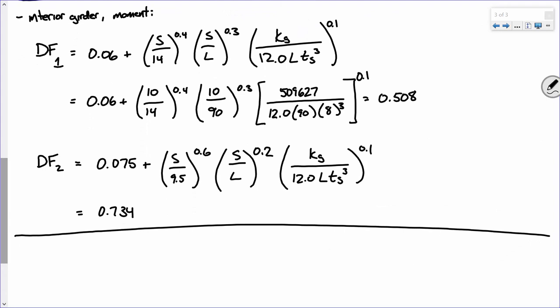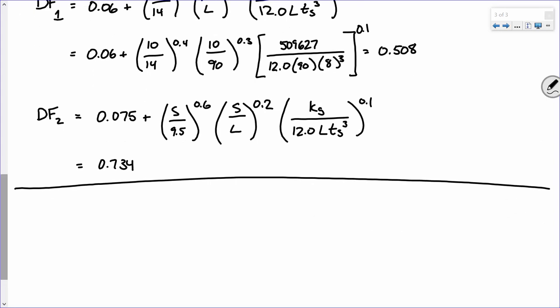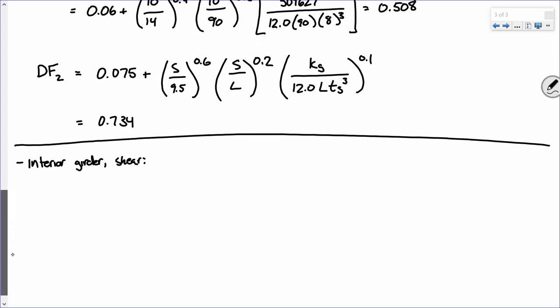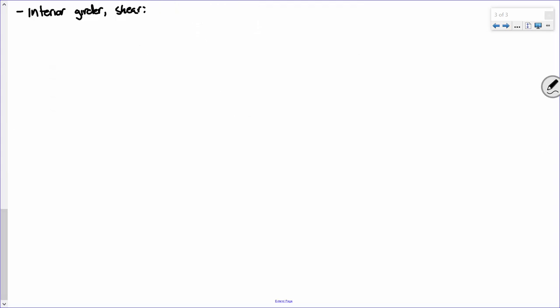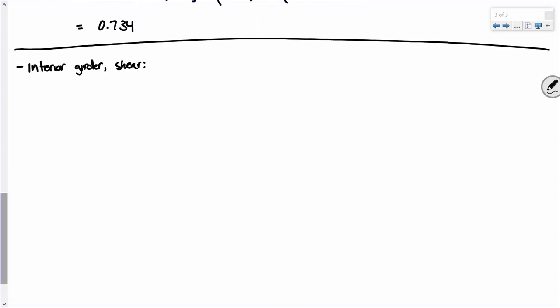So we've done interior girder moment. Now what we're going to do is interior girder shear. This is where I want one of you to open up the spec and tell me what the equation is.